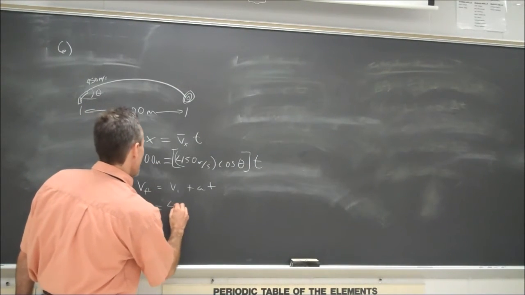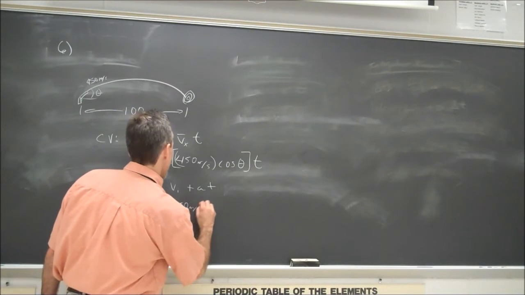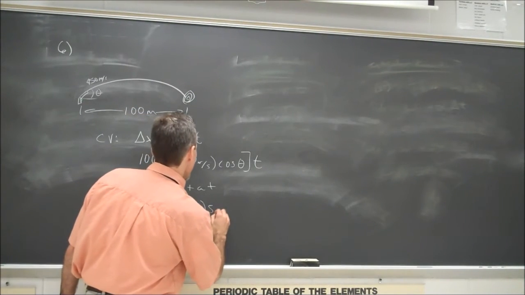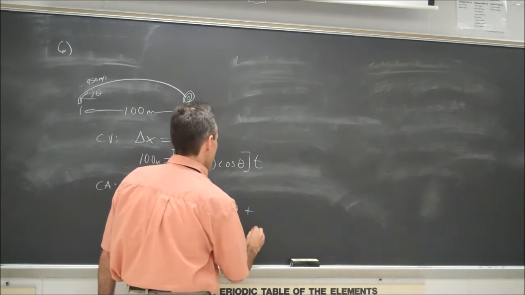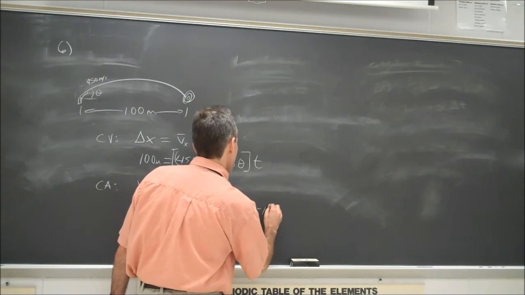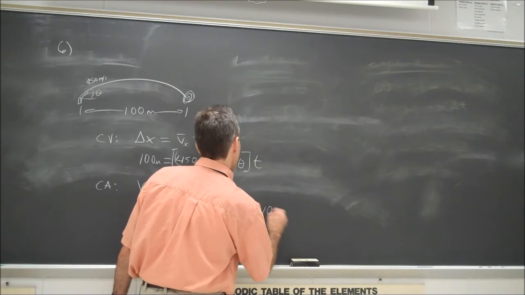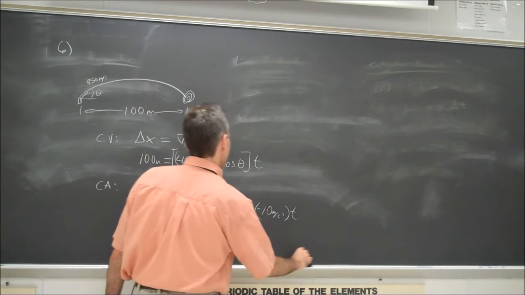And that's going to be equal to 450 meters per second times the sine of theta plus the acceleration, which is a negative 10 meters per second squared times t.